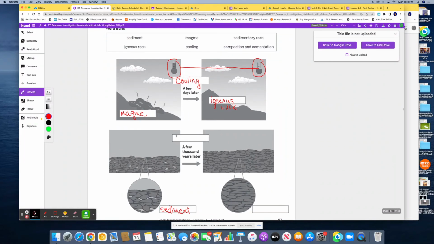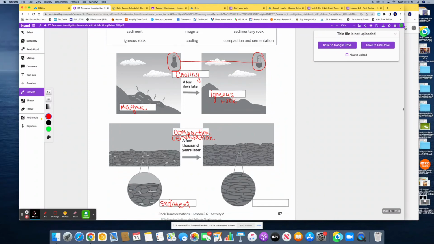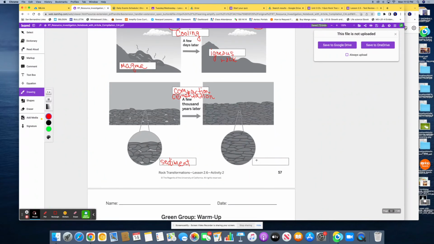Then once we have sediment, we have compaction and, no, not cooling, cementation. So we have compaction and cementation. And then once that happens, it will turn into sedimentary rock.